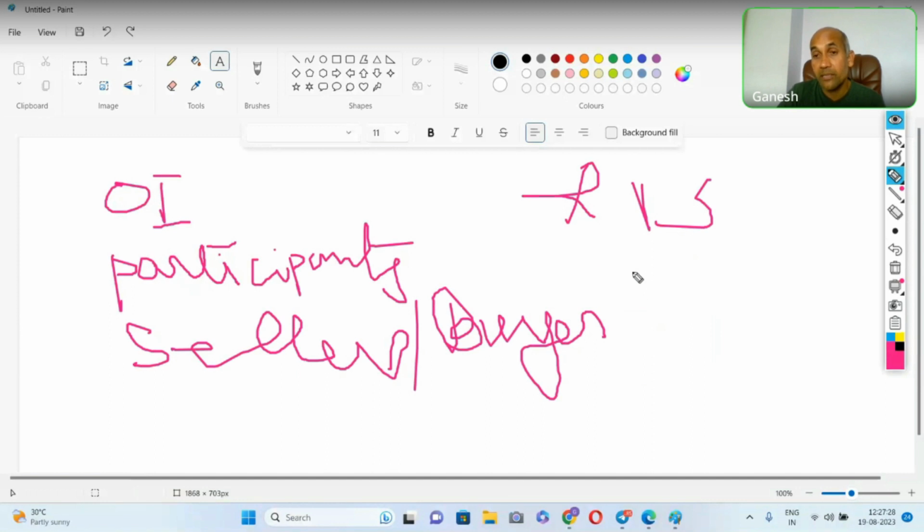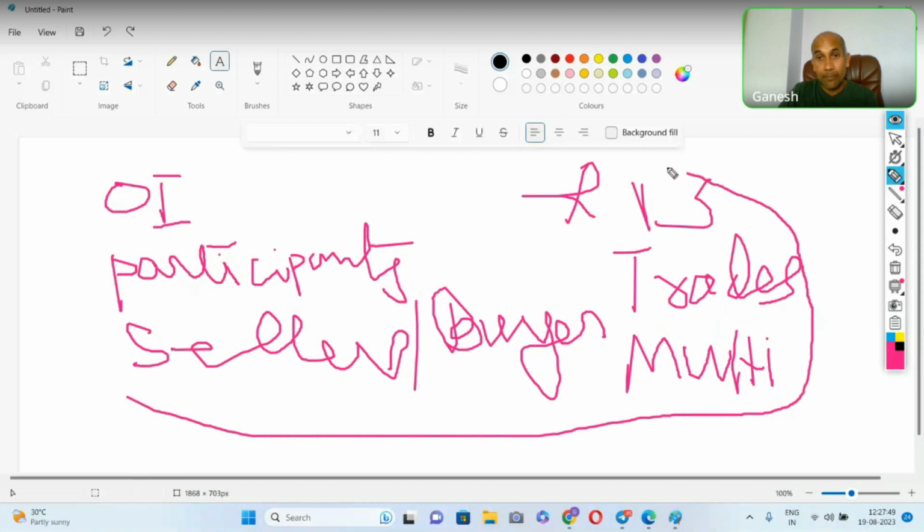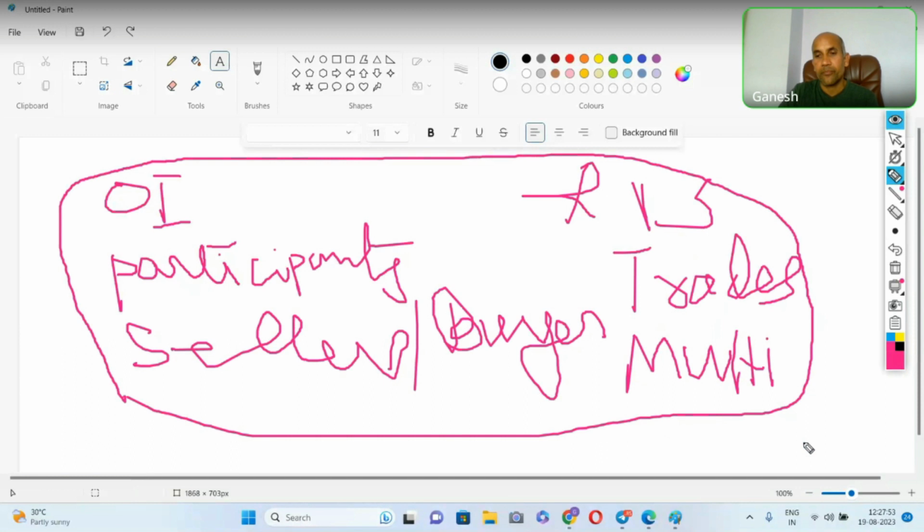We understand based on that how trades can be taken and how trades can be adjusted. We understand multi-strike open interest. So this is all FII data. Based on that, we interpret the market accordingly. We take the trades. That's all from my side.